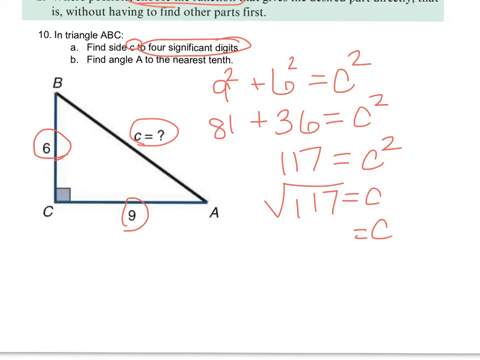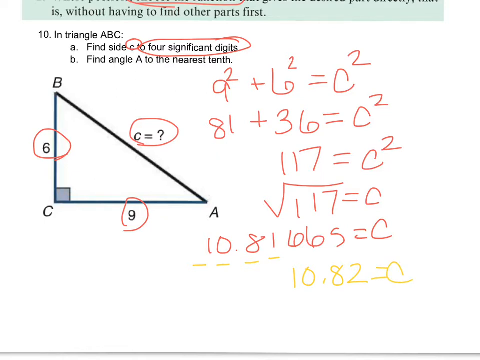So when you type that in your calculator, you get 10.81665, blah, blah, blah. So 1, 2, 3, 4 sig figs. So we would say 10.82 is our C value.